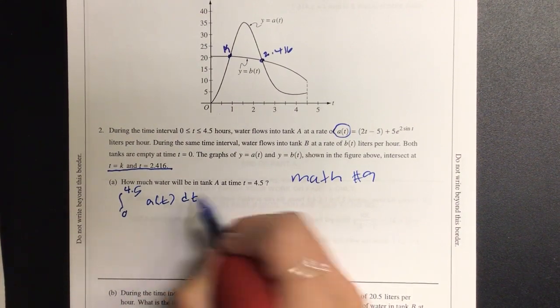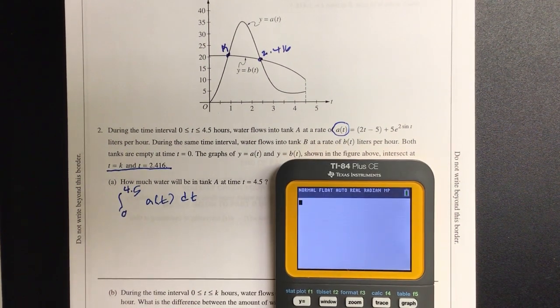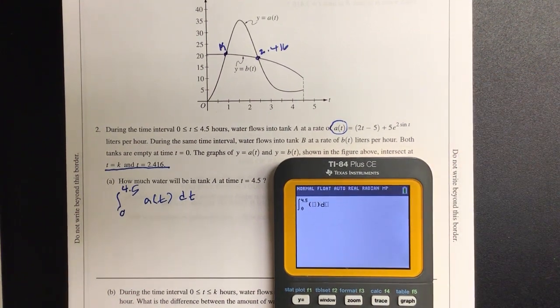So let's go ahead and type this in on our calculator together. We have math 9. We're going from 0 to 4.5. This is more of a freebie. And then we have our function here. I'm going to start with my own parentheses because 2t minus 5 has its component as one whole thing together.